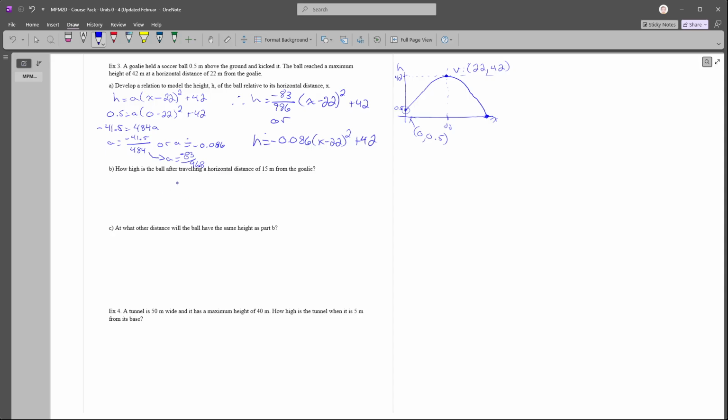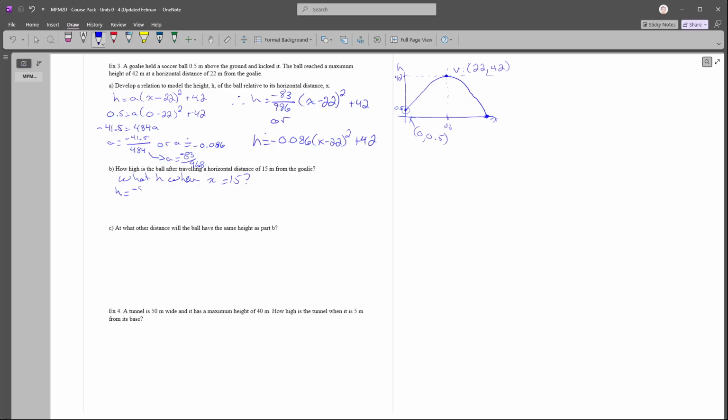How high is the ball after traveling a horizontal distance of 15 meters? So again, this comes back the same as the previous question. What is h when x is 15? That's what it's asking us here. So h is equal to, we'll use our equation, let's use our fraction.